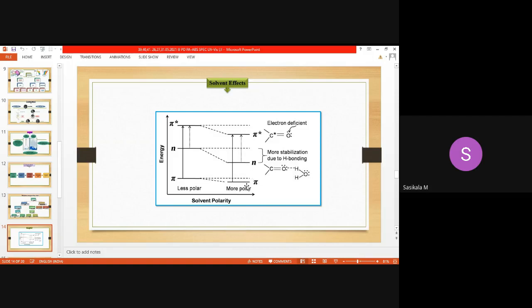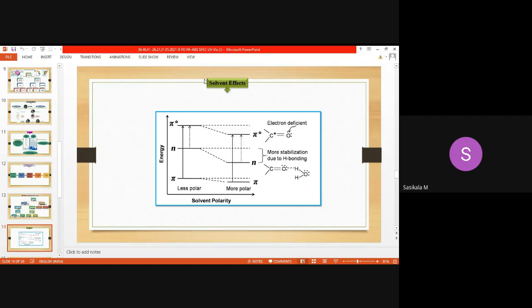Pi electrons become more polar, so they are highly reactive, and they go to the pi star level. Pi electrons and n electrons are going to the same excitation level. That's why n electrons are said to exist as pi electrons in the excited state. An electron deficient group occurs due to hydrogen bond formation for n electrons, whereas pi electrons do not go for any hydrogen bonding; they go directly from ground state to excited state.